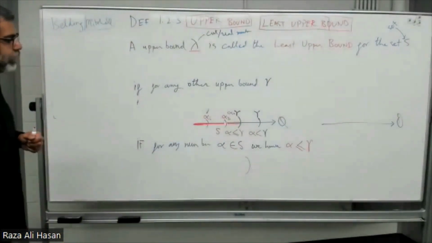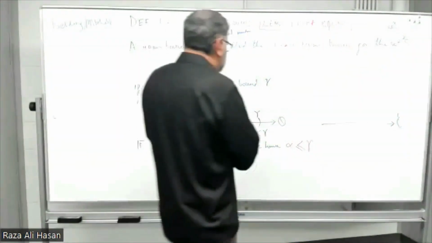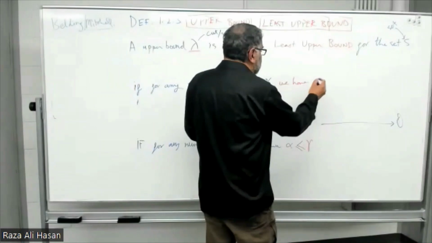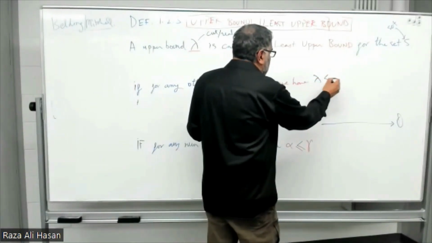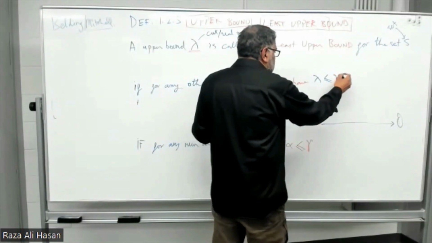So if for any other upper bound gamma, we have this situation: lambda is less than or equal to gamma.